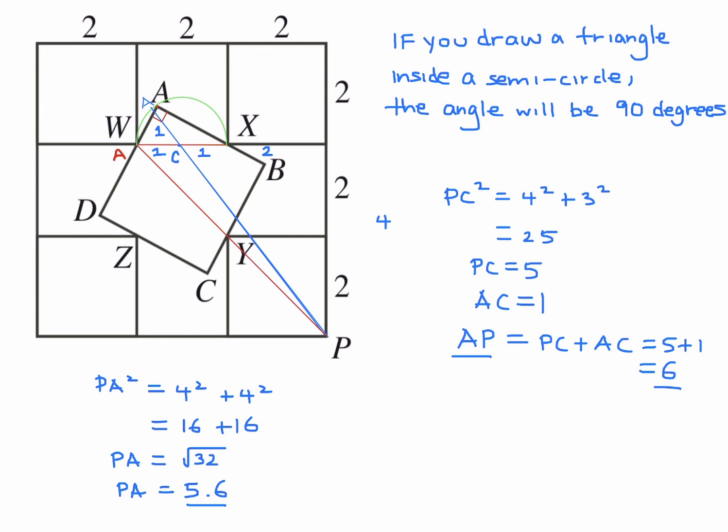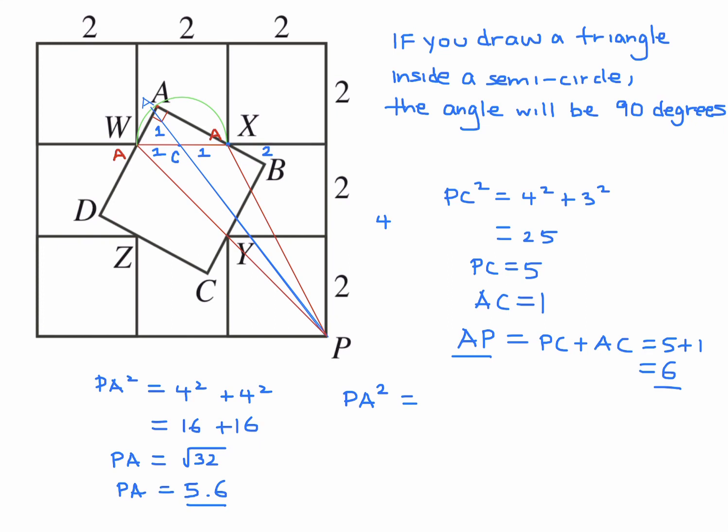Now we have to look at the other extreme case scenario, which is if A is all the way on this side, meaning it's here where the X is. If the A is there, let's see what we get for P. First, let's just draw a line from P to A to illustrate what we're trying to figure out, like that. Now let's figure out the distance in terms of a numerical value for PA.